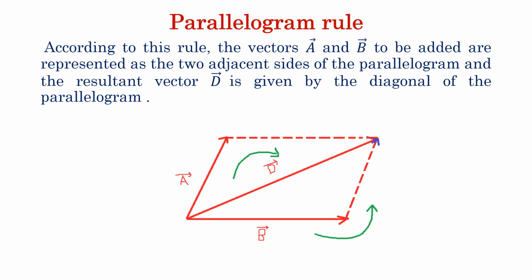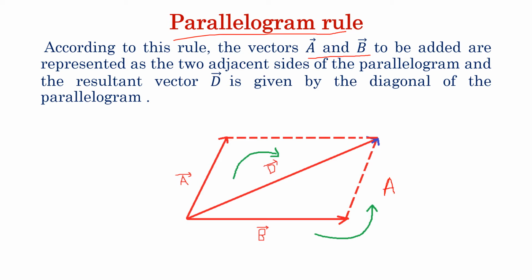First we are going to see the parallelogram rule. According to the rule, the vectors A and B to be added are represented on two sides of the parallelogram. That is, two adjacent sides of the parallelogram. And what is the resultant vector D?